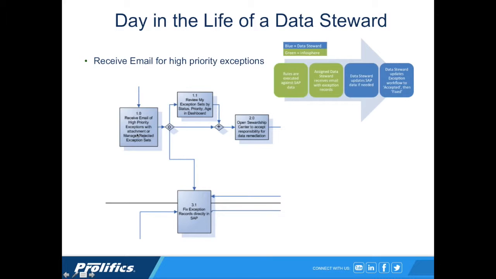Just for the high priorities, you can label a rule as high, medium, or low. The high priority rules are emailed, the exception set emailed to the steward of record as part of the business process management system. And now the steward can pick that email up, apply the fixes to the data in SAP, and simply log into the business process center and communicate that it has been fixed by selecting the fix button.